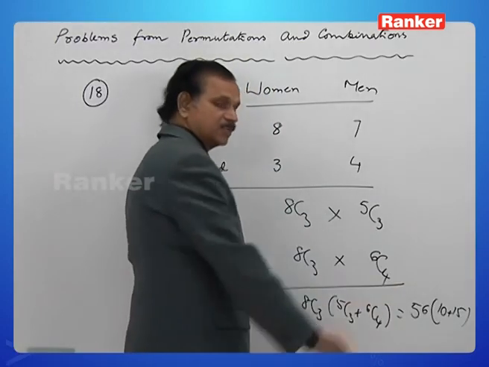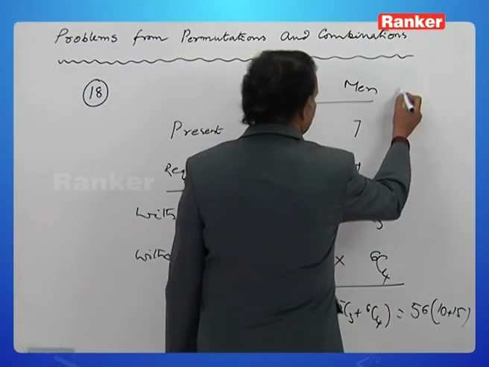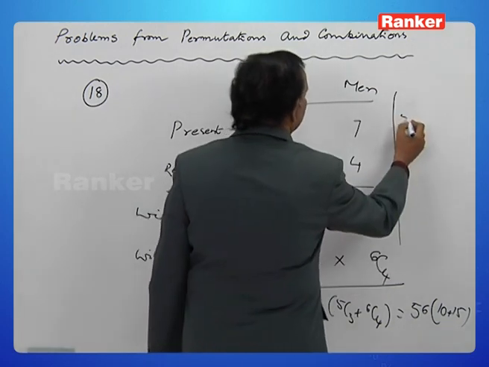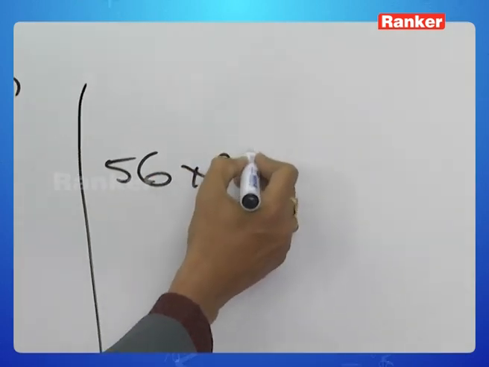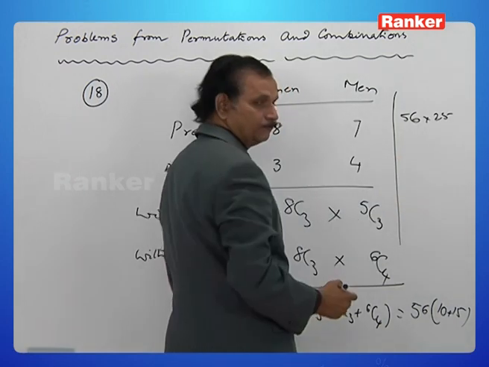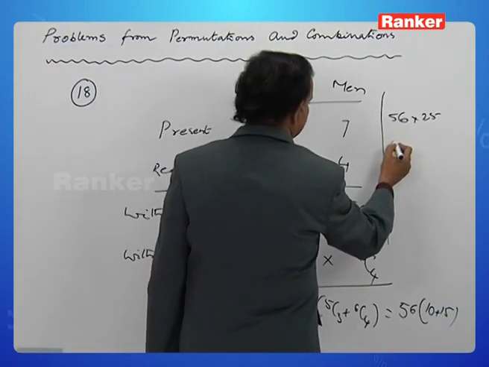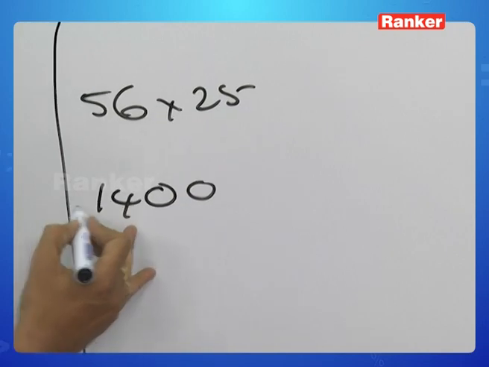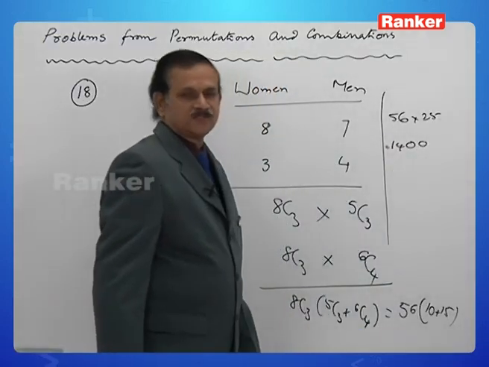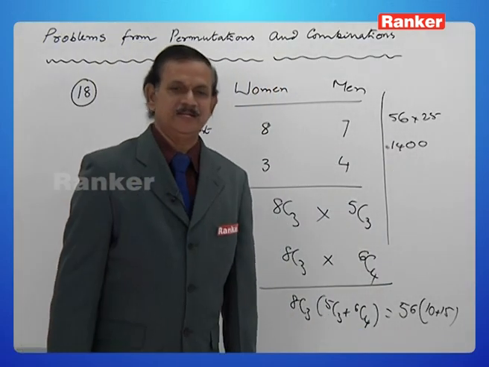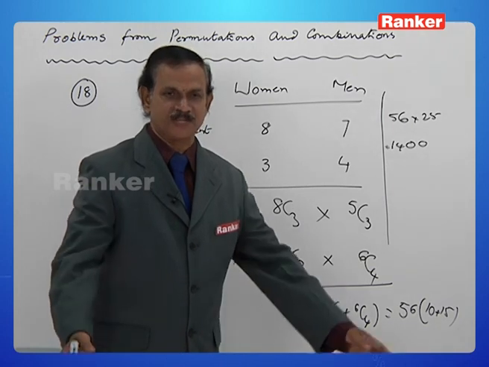That is 56 into 25. How many 4s are here? 14 4s are here. 14, that is 1400. What is the answer for this question? 1400, that is the 4th option, that is option D is the right answer.